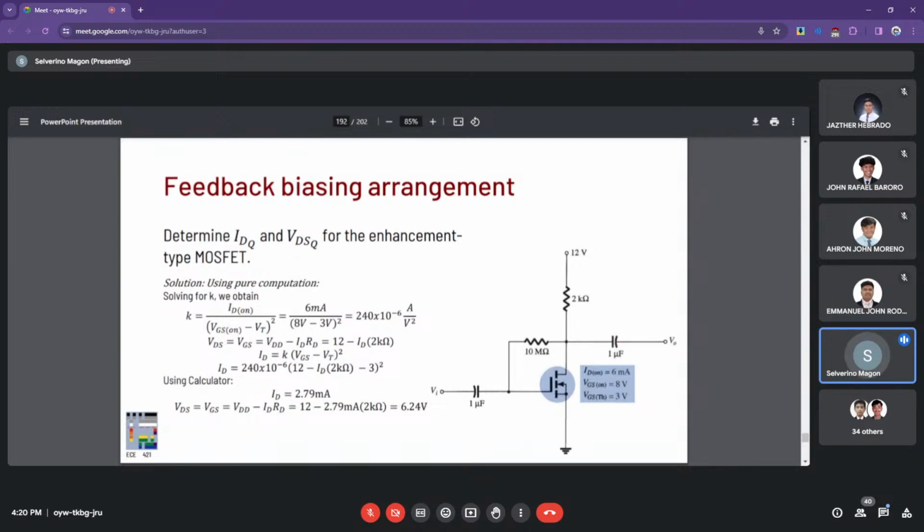So we will start with the characteristic equation. No? Again, this does not follow Shockley's equation. It has its own equation using the K factor here. First we derive the K factor since ID on, VGS on, and the threshold voltage are provided. So we have the K factor at 240 times 10 to the negative 6.